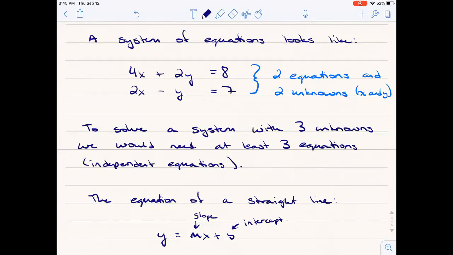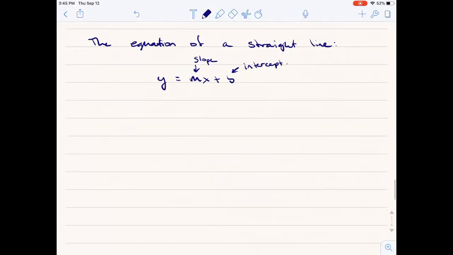Have you guys seen supply and demand curves quite yet? Maybe if you've taken microeconomics, it's all supply and demand curves, right? So we're going to look at the math behind it. But essentially, it looks something like this.